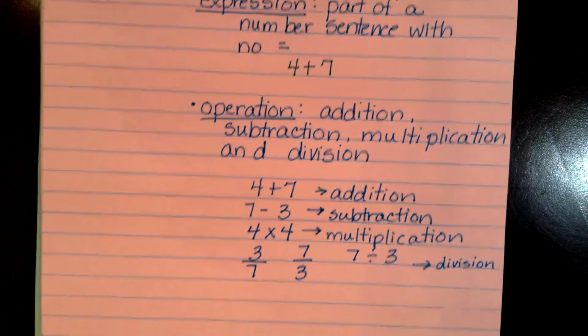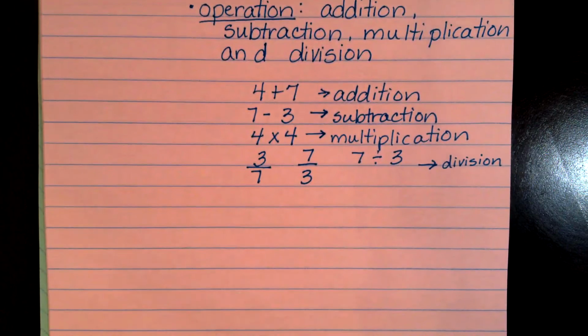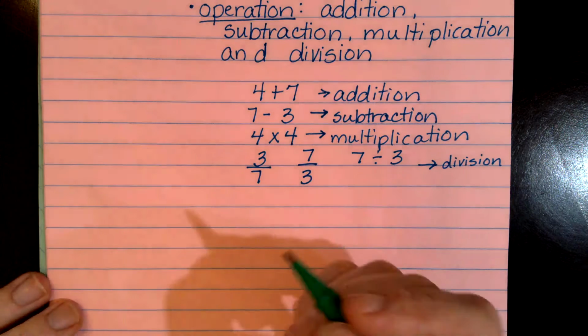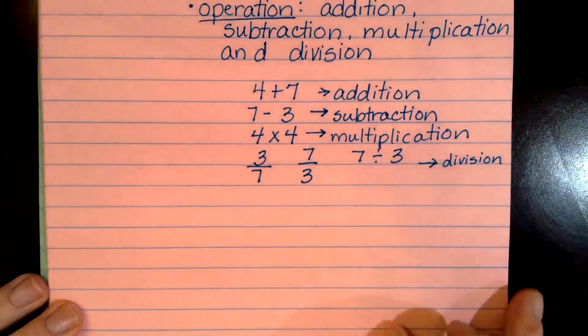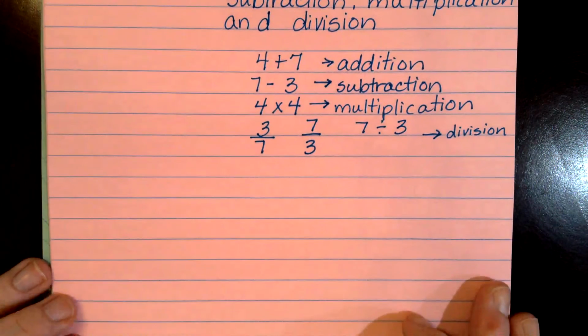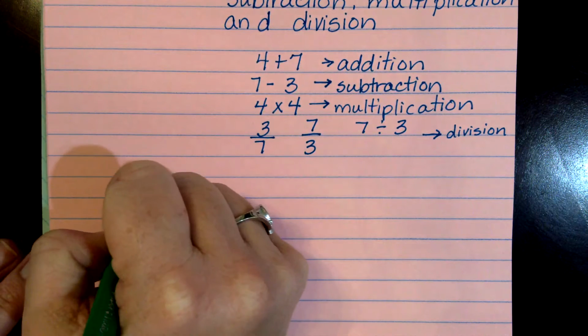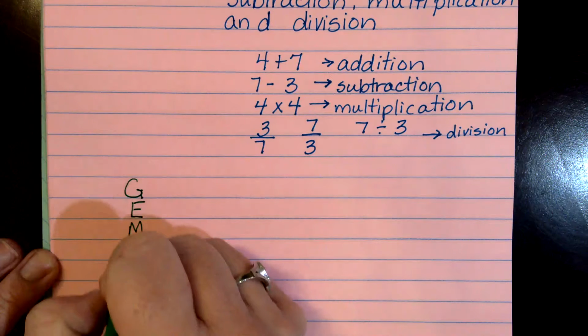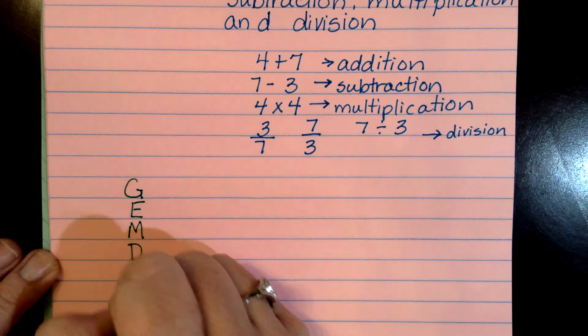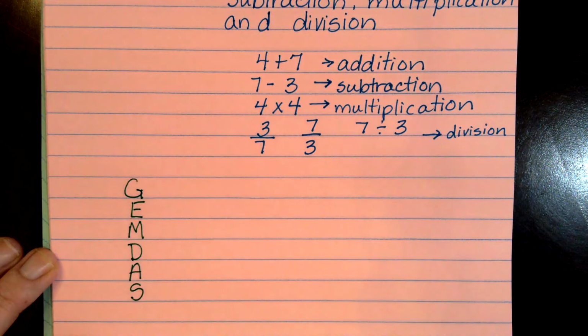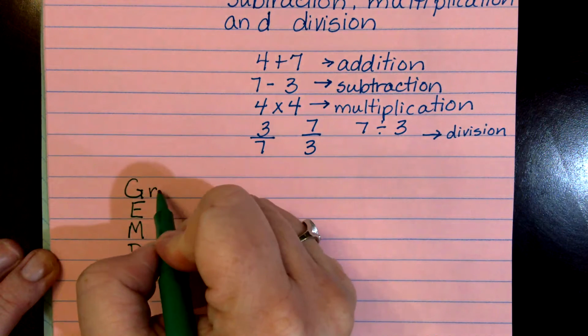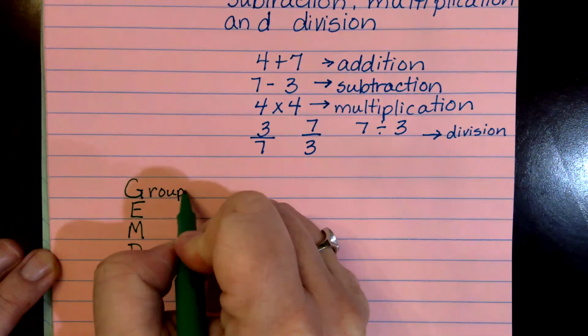All right, so when you work an expression that has more than one operation, you have to use the order of operations so that you know what to do first. With GEMDAS, let's talk about what each one of these letters stands for. The G stands for groupings.